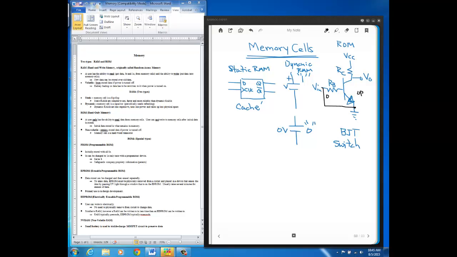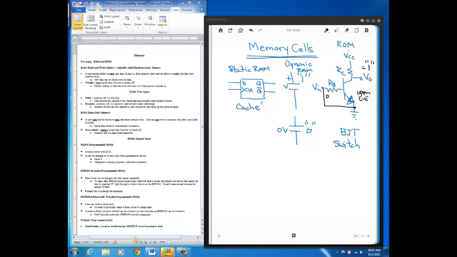This is material we've covered previously. We'll get an open between collector and emitter, which means no voltage drop because no current through this resistor at the collector, which means V out just equals VCC, which is a 1.